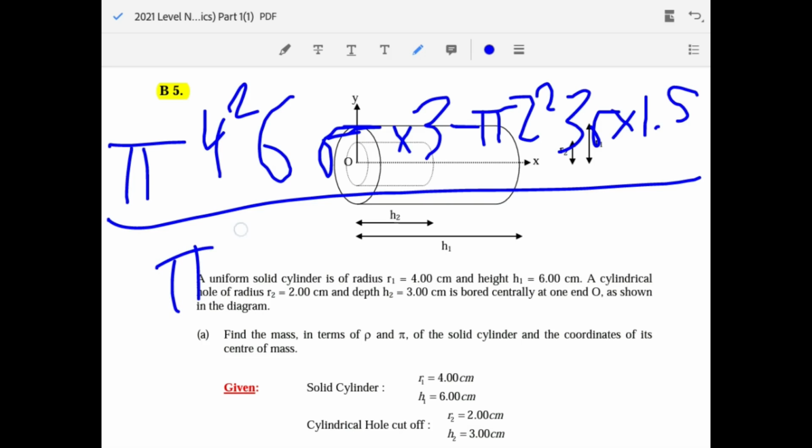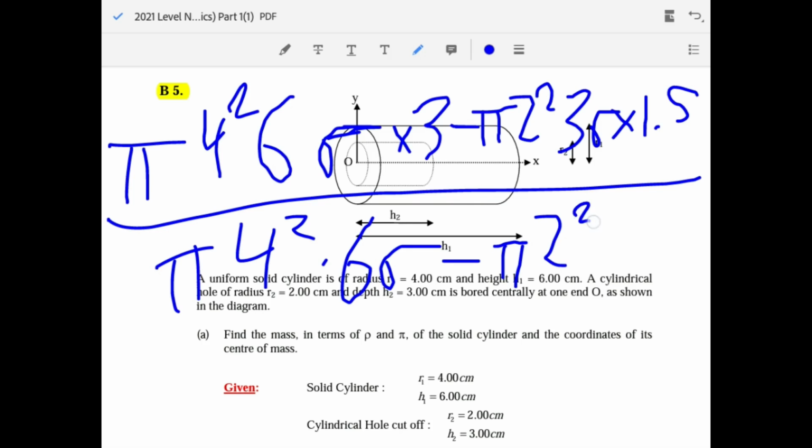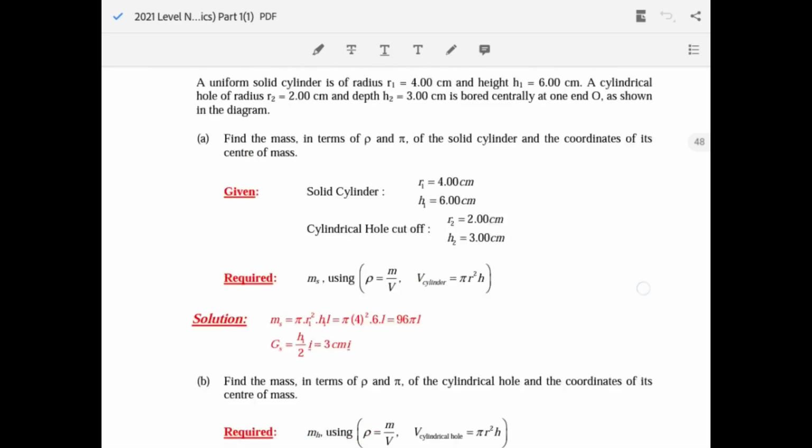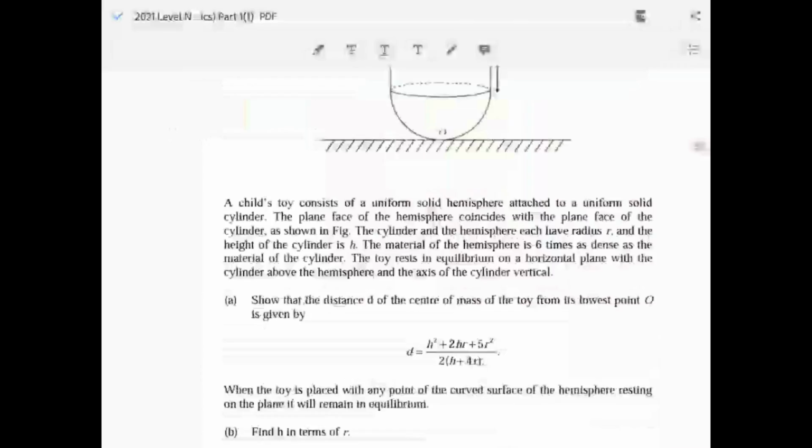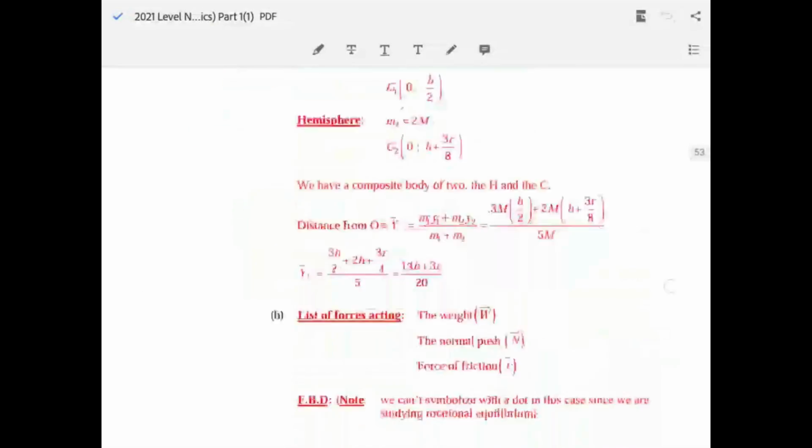So pi 4 squared times 6 sigma minus pi 2 squared times 3 sigma. And sigma cancels. These are just numbers. You put it in your calculator, you get it. And that is it for that question.